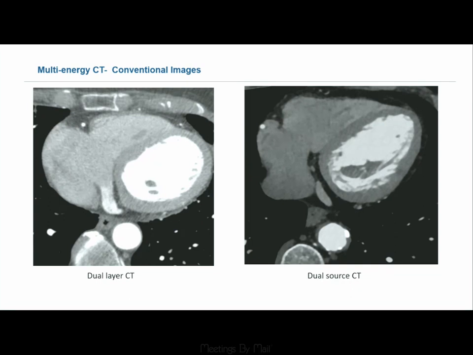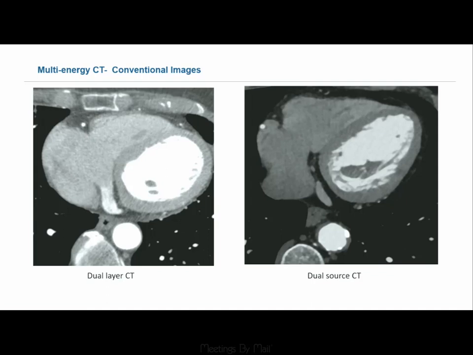The images that we get from this multi-energy technology come in different types. Of course, we get a set of conventional images, which is similar to what we get in a routine CT. Different vendors generate these conventional CTs by different processes.